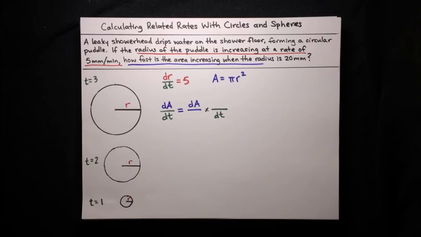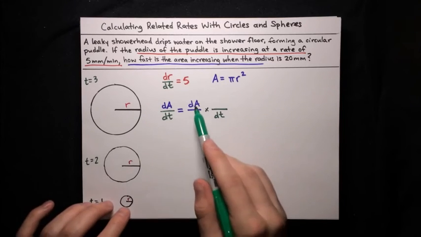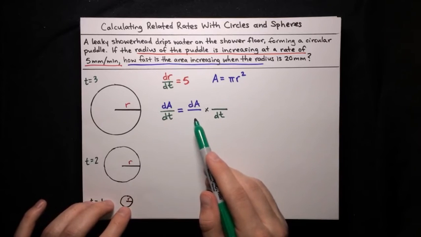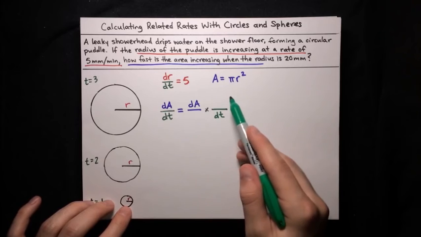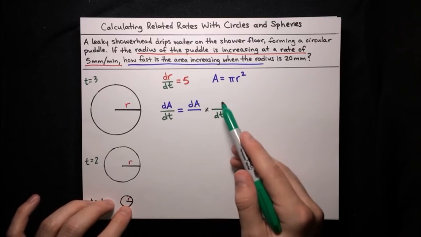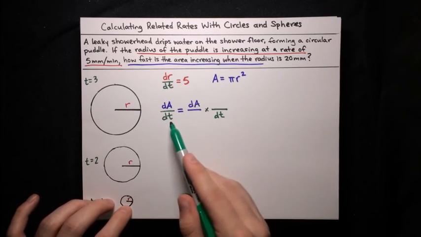Mathematically, you can also think of this as trying to apply the chain rule. The chain rule says that we can treat derivatives kind of like fractions. If we take the derivative dA/d-something and then multiply it by the derivative d-something/dt, then the d-somethings will cancel out from the denominator and the numerator, and we'll just be left with dA/dt.